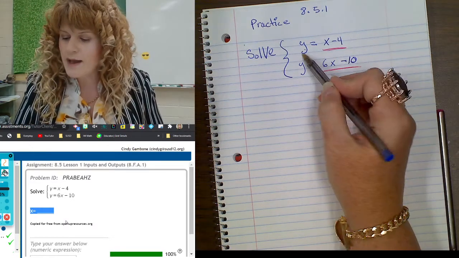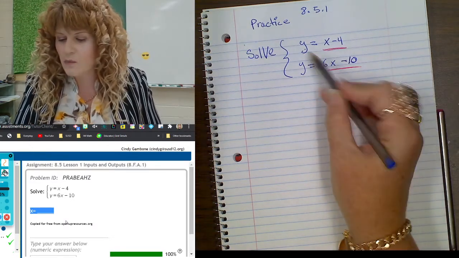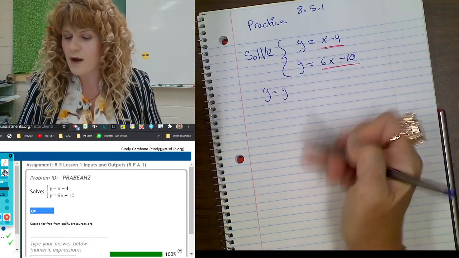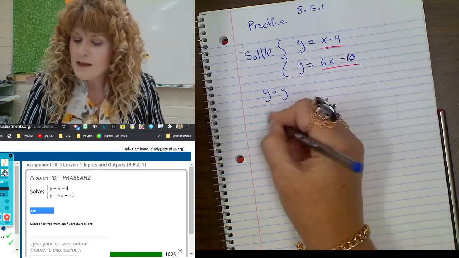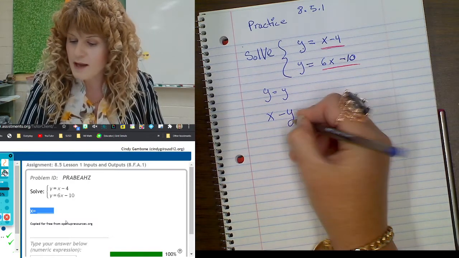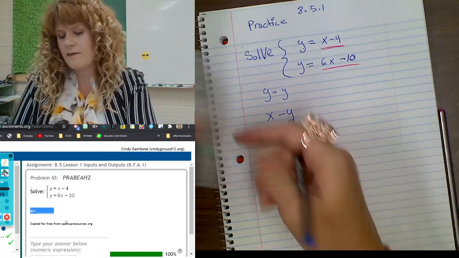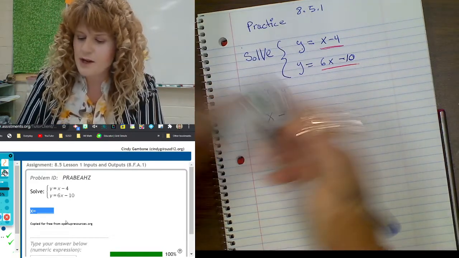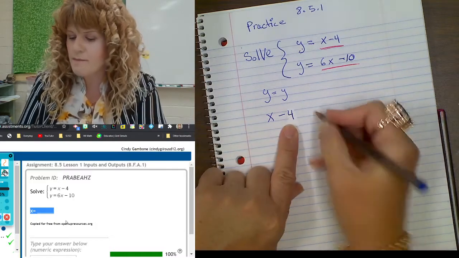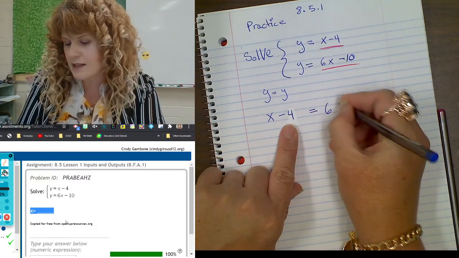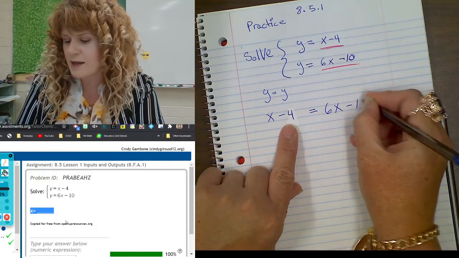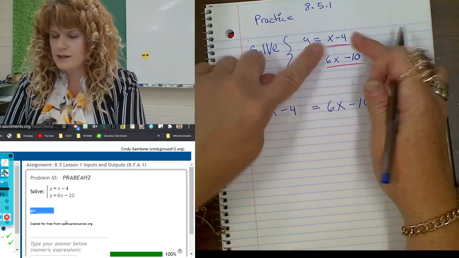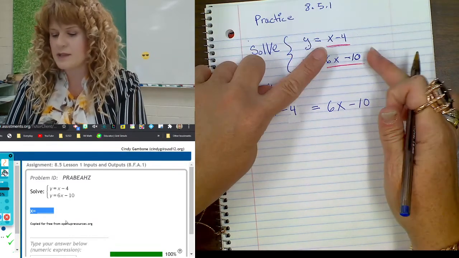So if y equals this and y equals that, you know y is the same, right? y equals y. Then, because y equals y, the first expression, x minus 4, must be equal to the second expression for y, 6x minus 10. Set the two equations equal. This expression is equal to this expression.